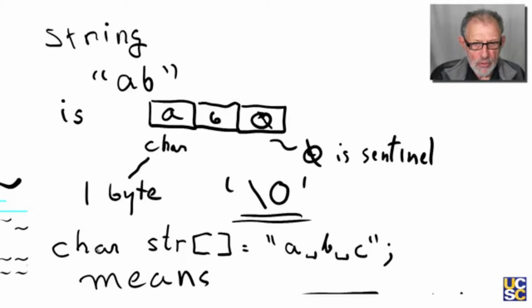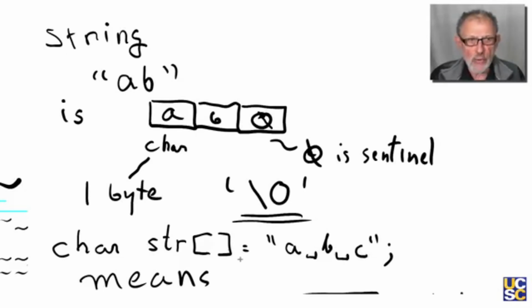Let's look at something. Remember, we can also have an array, str, not give it a length, equal, and we can do this quoted string, and this is equivalent to having a series of characters inside curly braces. But look, there's a space there, I've drawn it, and a space there. So really, this is a character string that has, this is its first element, the letter A, a space is its second element, the letter B, a space is its fourth element, the letter C, and then implicitly the sentinel character.